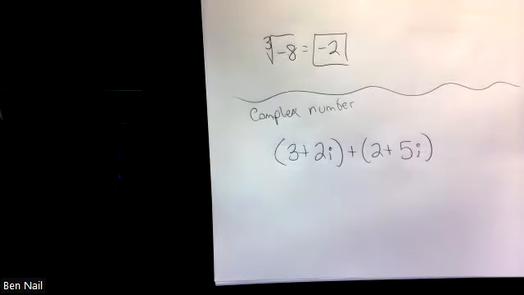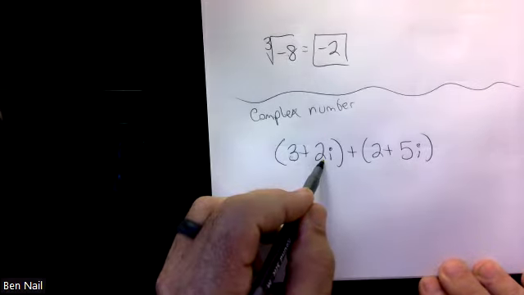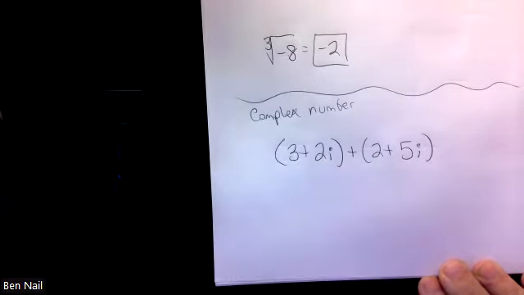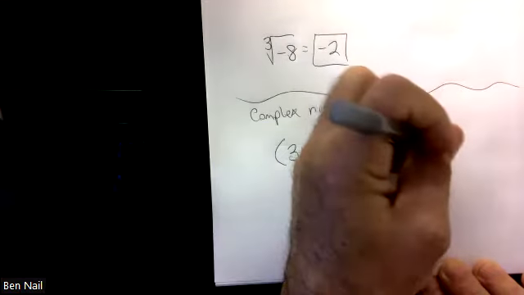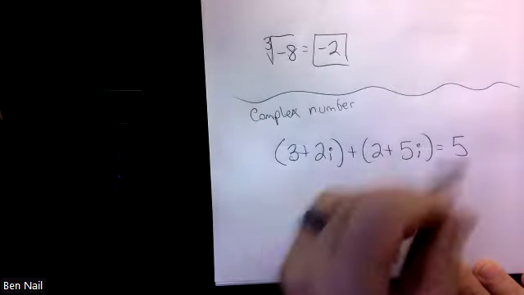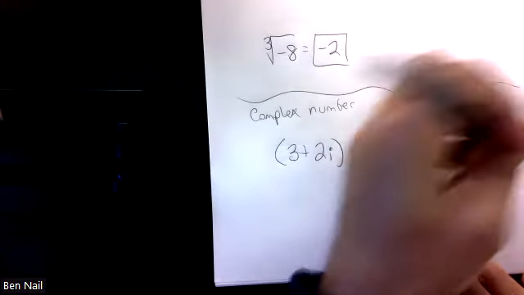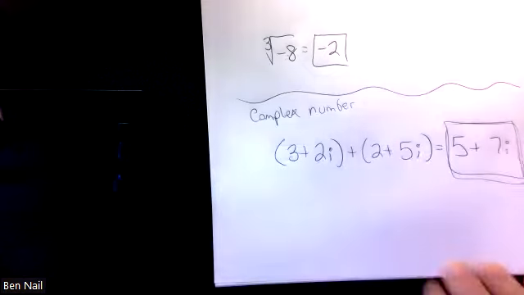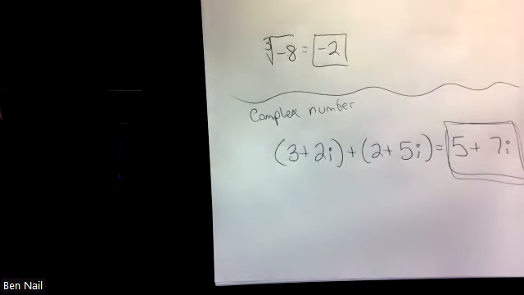The good news is math plays really nicely and follows a lot of the same rules. If we're going to add complex numbers, remember the only thing you can add in math is like terms. So 3 plus 2i plus 2 plus 5i, we can add our real portions. 3 plus 2 is 5, and 2 i's plus 5 i's would be 7i. So if they ask you to add complex numbers, you simply add like terms.